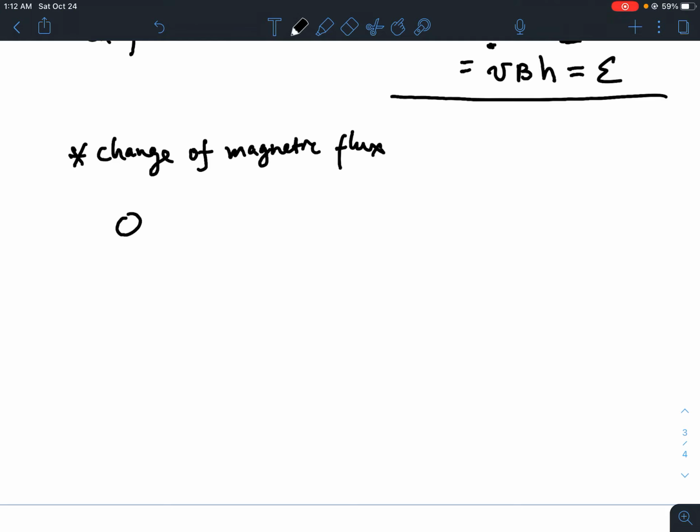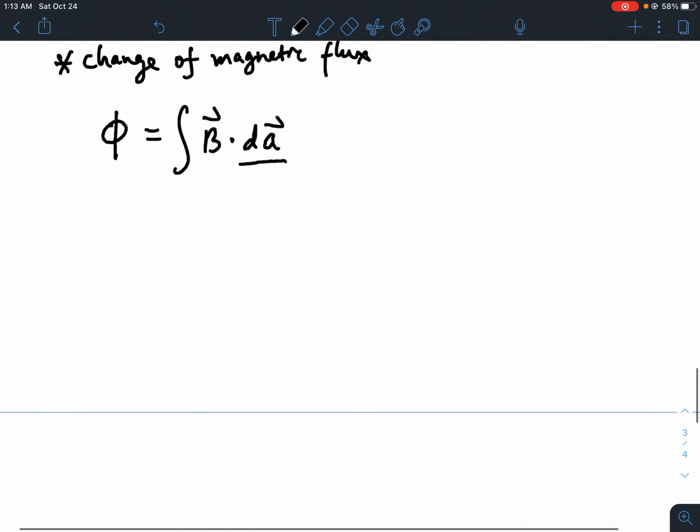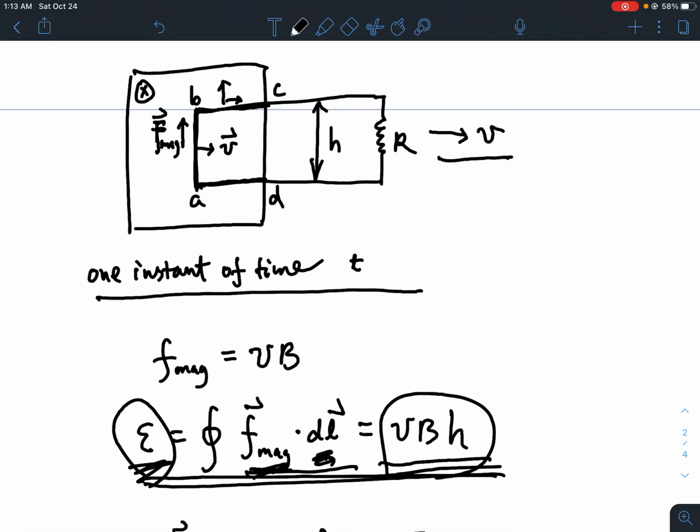So what do we have? We define a function as phi. We define it to be the flux of the B field through a loop, which is the area of a loop, and that area can have any shape. Let us consider this rectangular shape here.